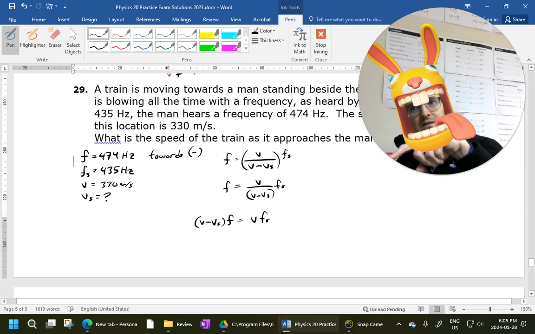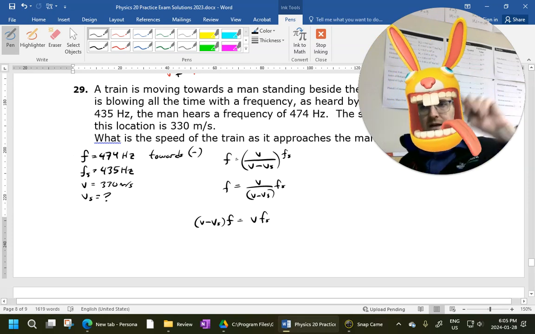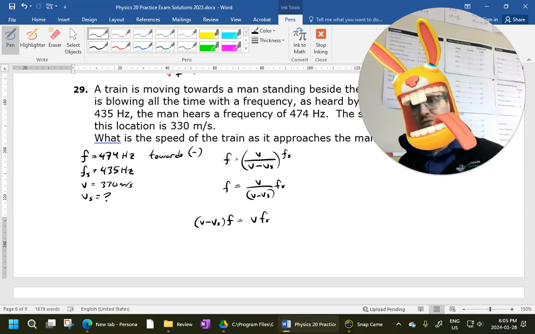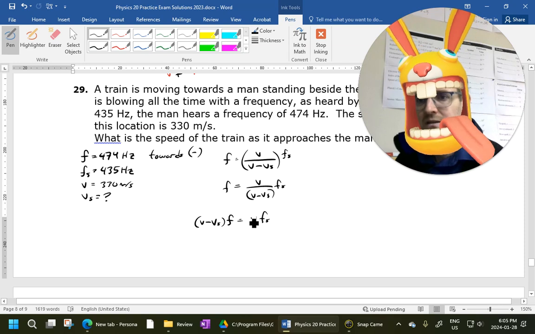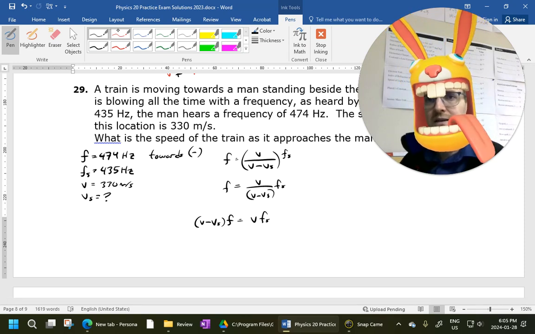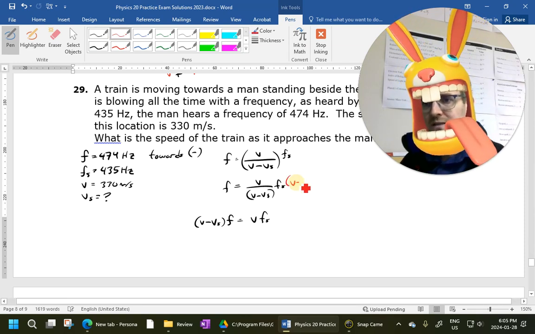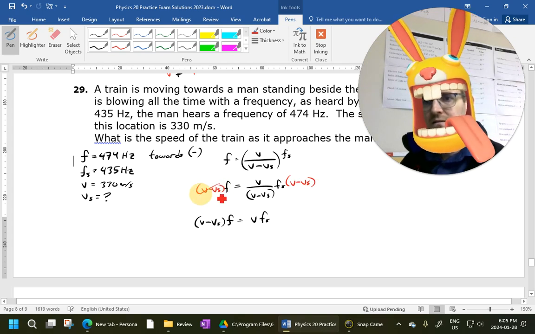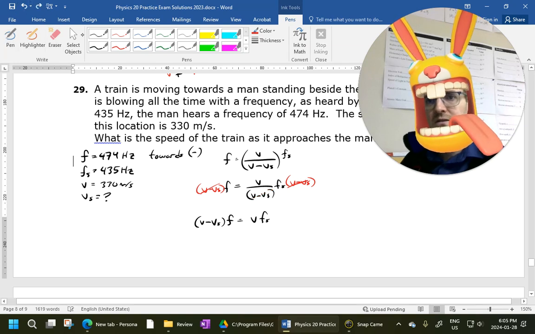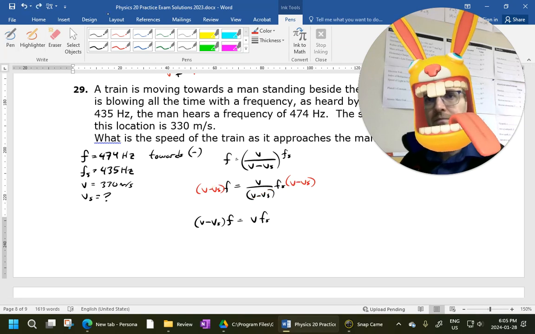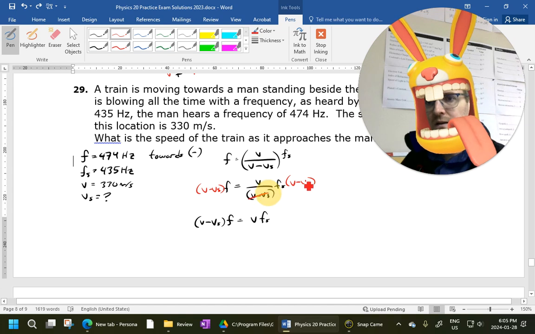The Fs is not in the denominator. It's technically over 1. It's going to sit in there on the side, but it's in the numerator actually, so it's happy where it is. But I got to take this whole bottom piece here and times both sides by V minus Vs. Something you'll learn in rational expressions in Math 20.